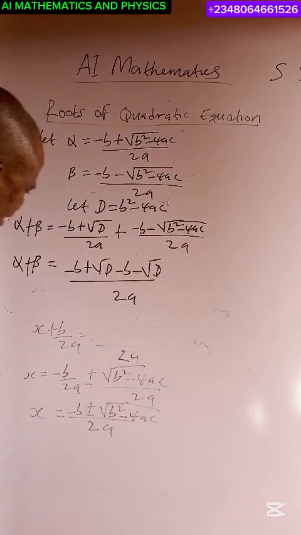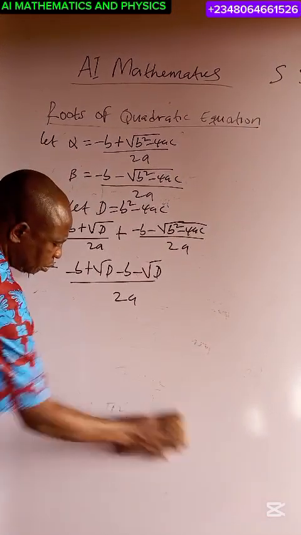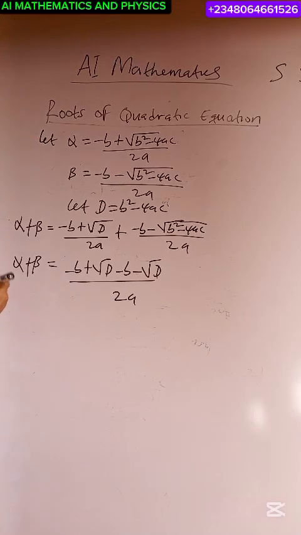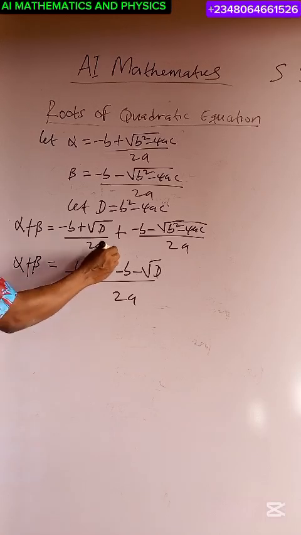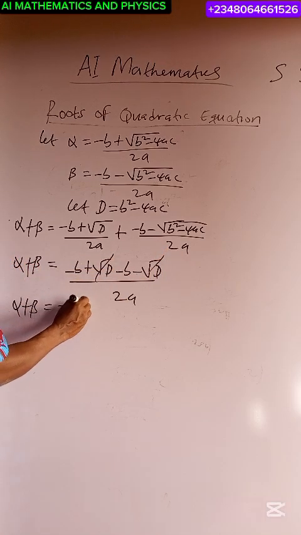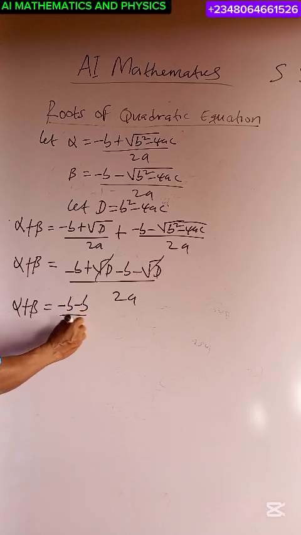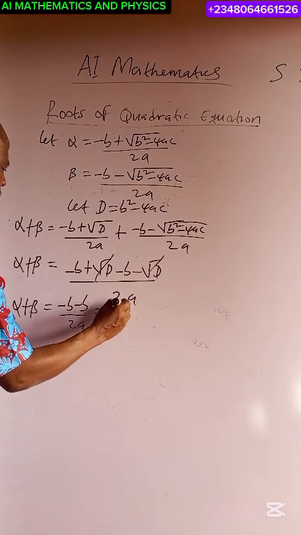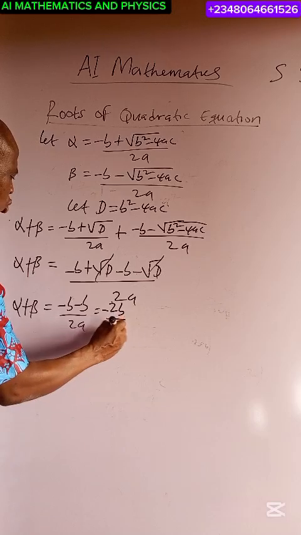You can see now that alpha plus beta will be equal to this. Count this. We have minus b minus b over 2a, that's minus 2b over 2a.